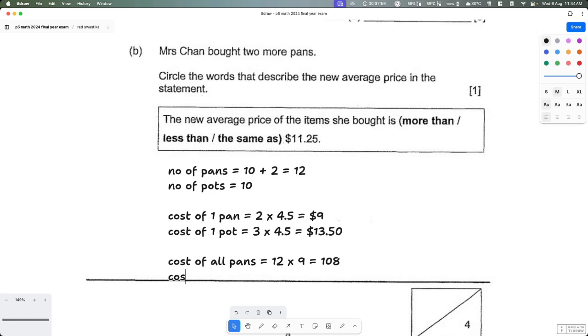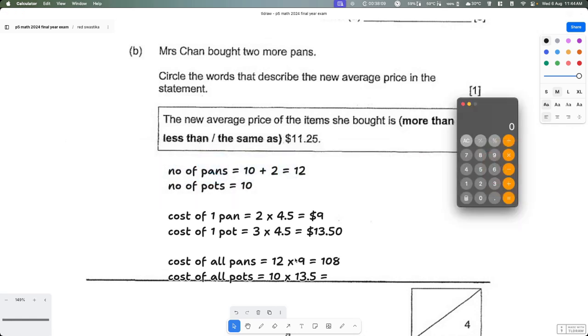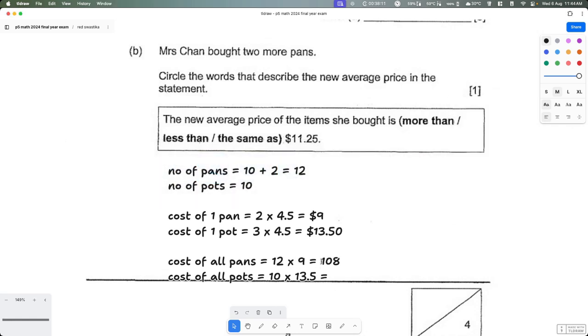Then the cost of all pots will be 10 times 13.5. Sorry, not 4.5, 13.5. And this will be $135.